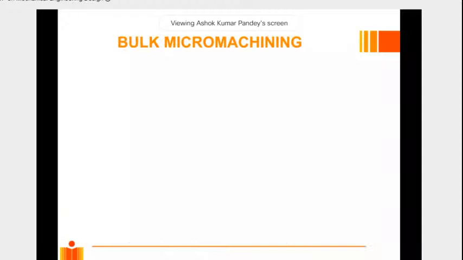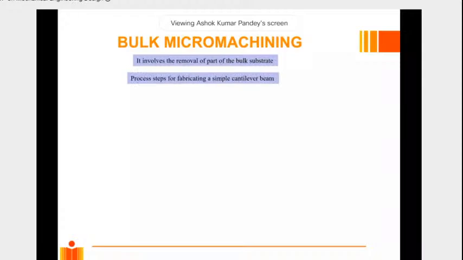Similar to that, there is bulk micromachining. What is the difference in bulk micromachining? In this case, bulk micromachining is like you have a bulk wafer, right? And you are trying to fabricate a structure out of that bulk. But in the previous case, we fabricated a cantilever layer by layer.